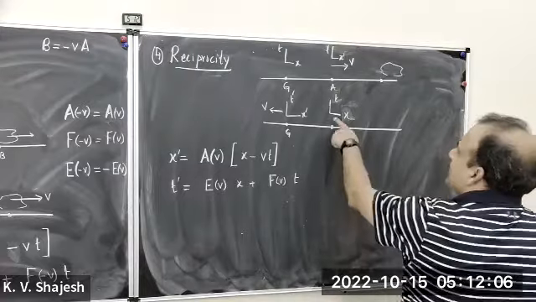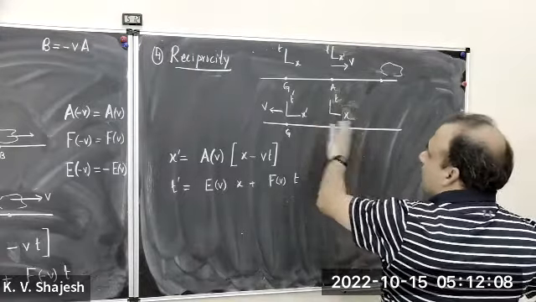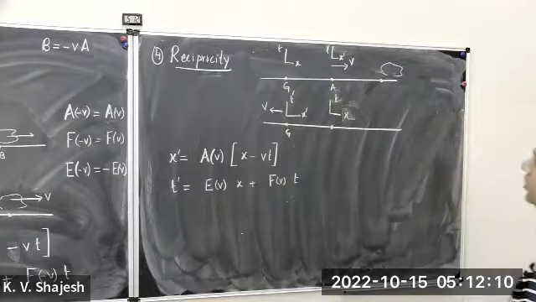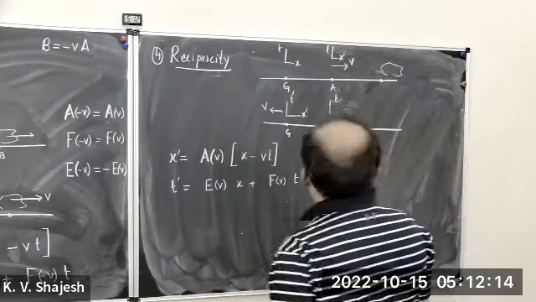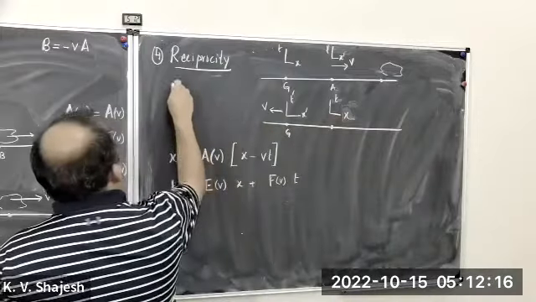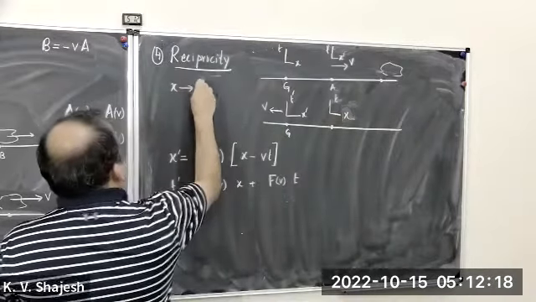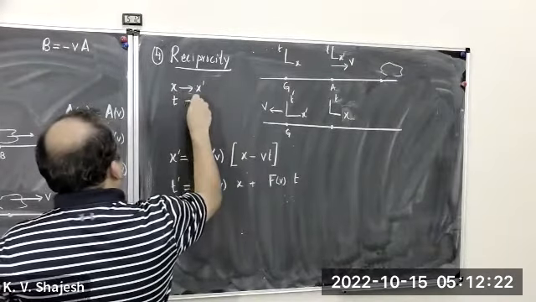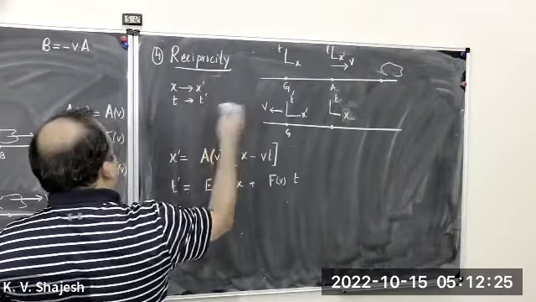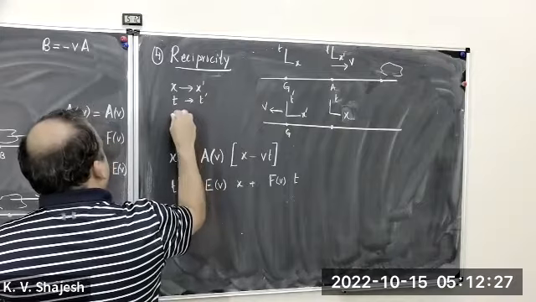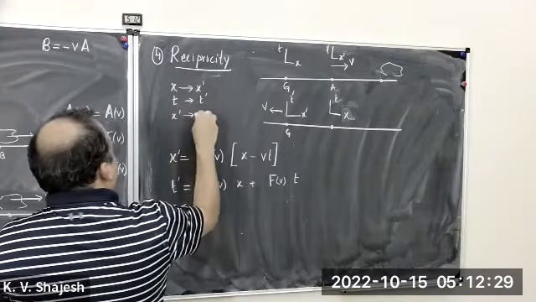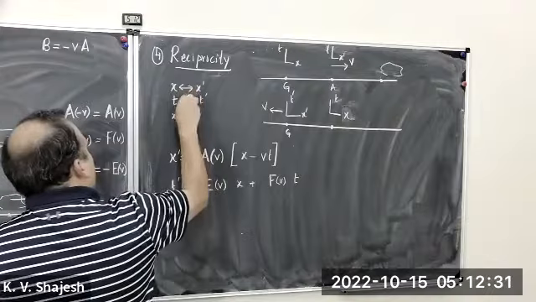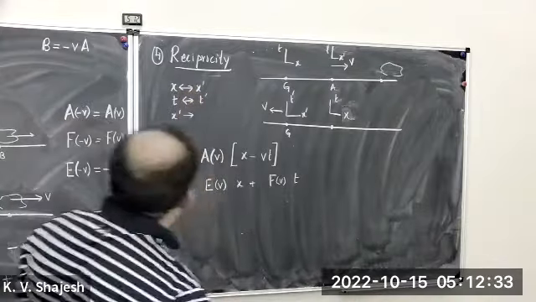I have x and t, and this is moving to the left. So basically, the requirement I'm making is that if I replace x with x prime and t also with t prime, so I change my system itself, or basically swap this, putting the arrows on both sides.